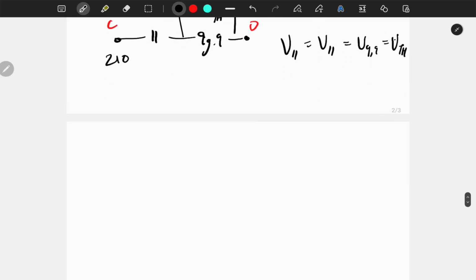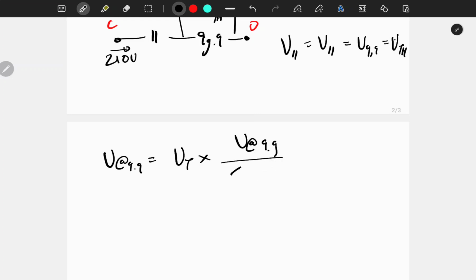So now we're going to use the voltage at 9.9 is equal to the total voltage multiplied by the resistor at 9.9 over the sum of the resistors.